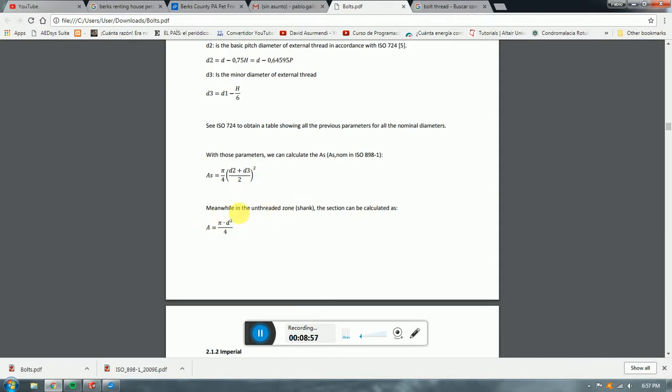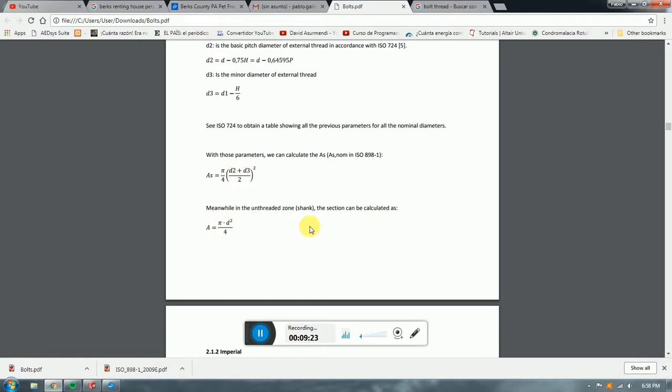What is the difference? Well, the unthreaded zone is basically a cylinder, so the area, or the section, is going to be a circle. The area is going to be pi times d squared divided by 4, d being the nominal diameter, which is the diameter of the shank.